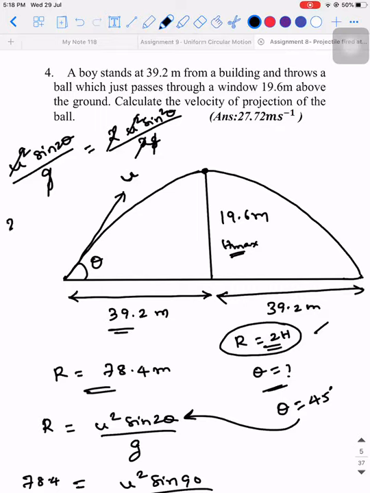Sine 2 theta is nothing but 2 sine theta cos theta, equal to sine square theta. Now solve this, you will get the answer. One sine theta will get cancelled. Tan theta is equal to 1. So theta is equal to 45 degrees. We have solved similar kinds of problems, no? R is equal to 2h.